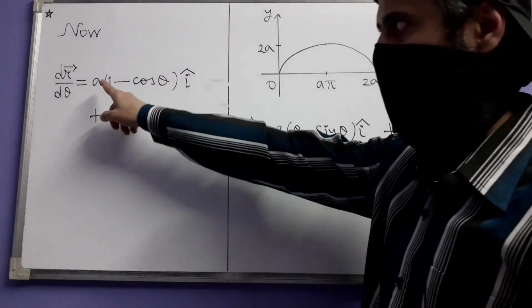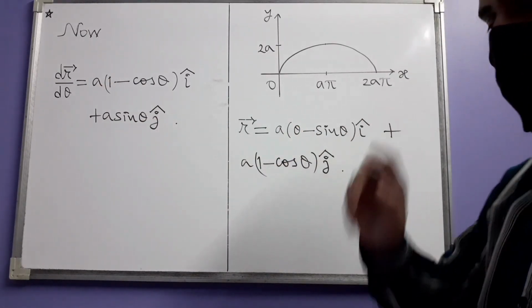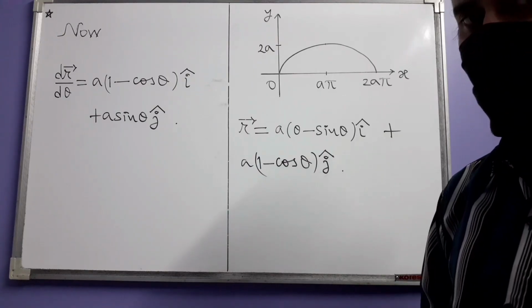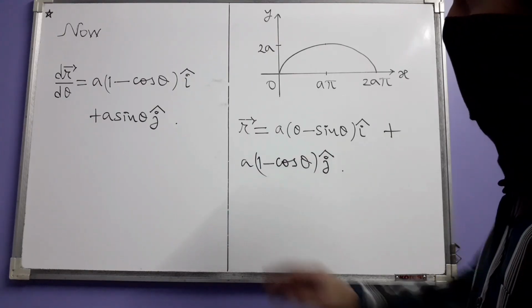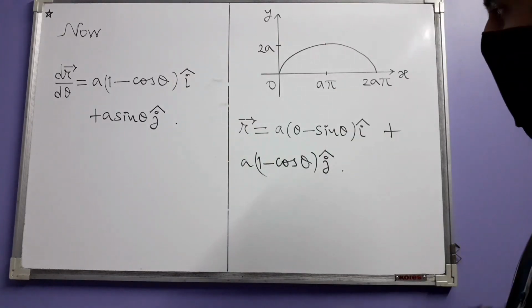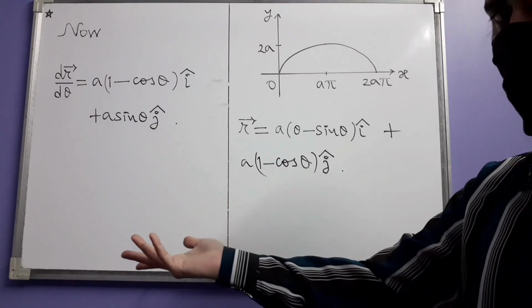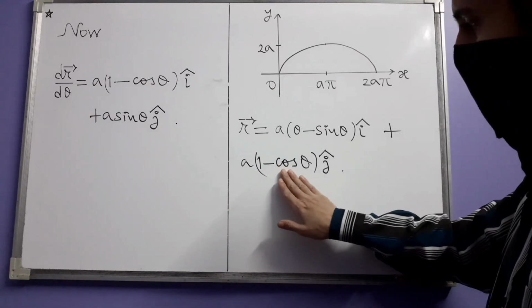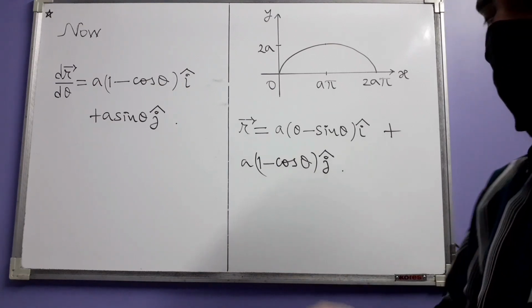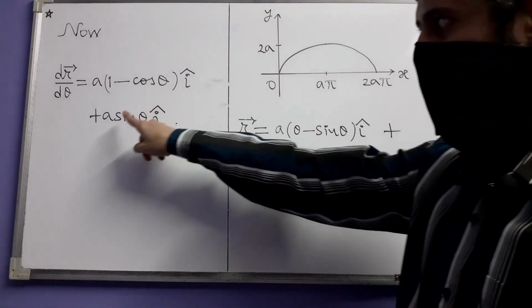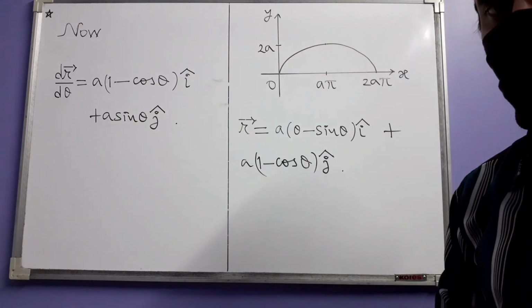A is constant, so a times 1 minus cos theta, since the derivative of sin theta is cos theta, that times i hat, plus a times 1 of course gives you 0. Cos theta has derivative minus sin theta. Already there is a minus, so a sin theta j hat.